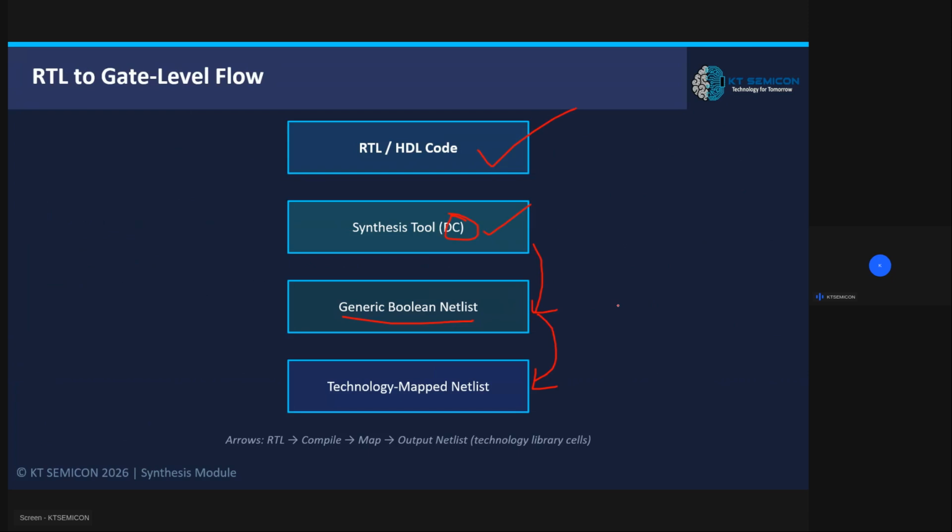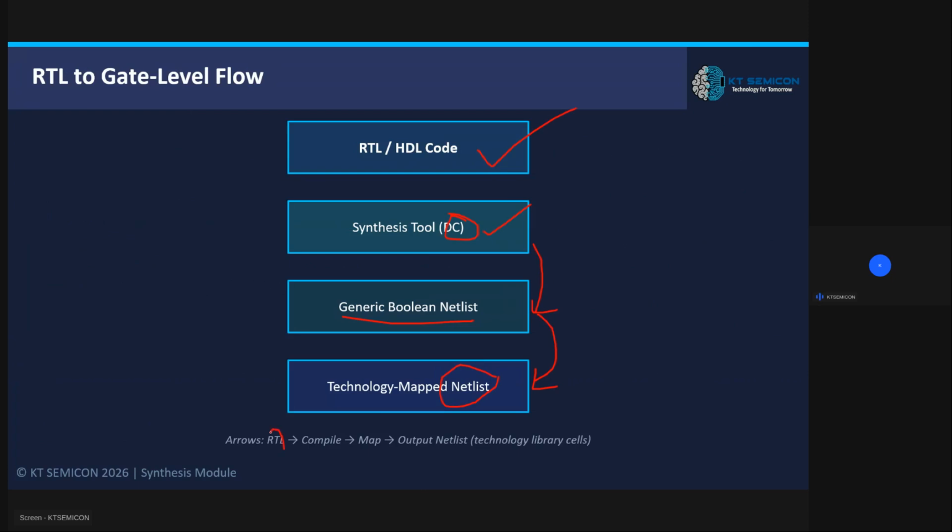Depending on the technology, drive strengths, input transitions and output transitions may vary. That's why this netlist is completely dependent on technology. So the major output is a technology mapped netlist, which means a gate level netlist.